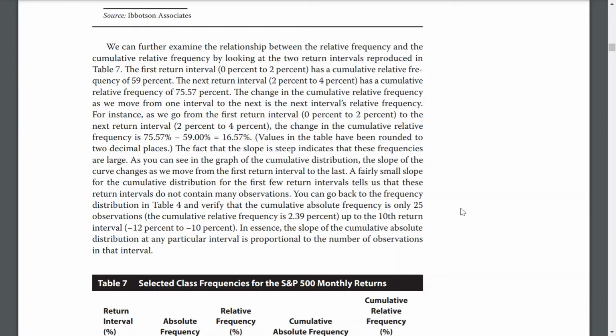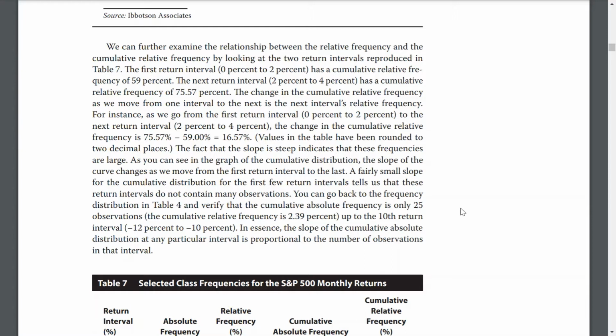The change in the cumulative relative frequency as we move from one interval to the next is the next interval's relative frequency. For instance, as we go from the first return interval of 0% to 2% to the next return interval of 2% to 4%, the change in the cumulative relative frequency is 75.57% minus 59%, which is 16.57%. The values in the table have been rounded to the second decimal place.